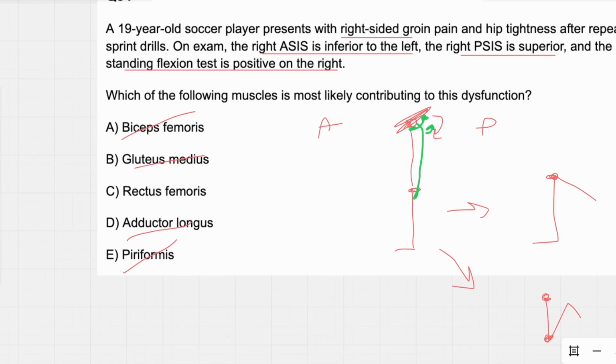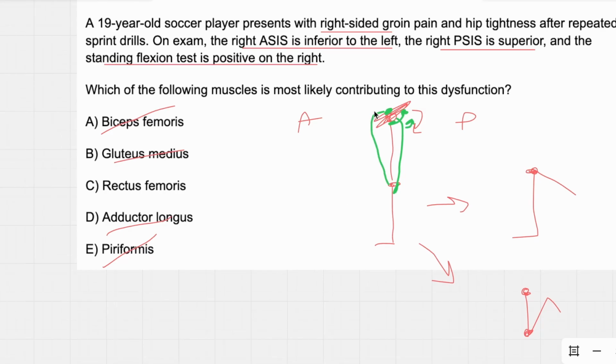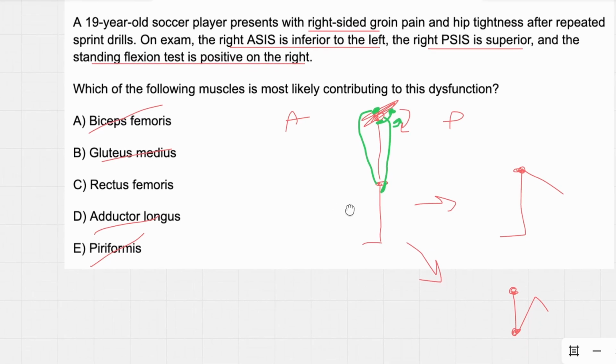But let's talk about the rectus femoris. The proof is in the pudding here. Rectus femoris comes off of the AIIS, the anterior inferior iliac spine, and goes all the way down anteriorly, inserting into the patella to help you with knee extension. If we were to shorten this muscle from this position, you have one of two options, depending on what's fixed in place. If the pelvis is fixed in place, you'll just straighten the leg and extend the knee.